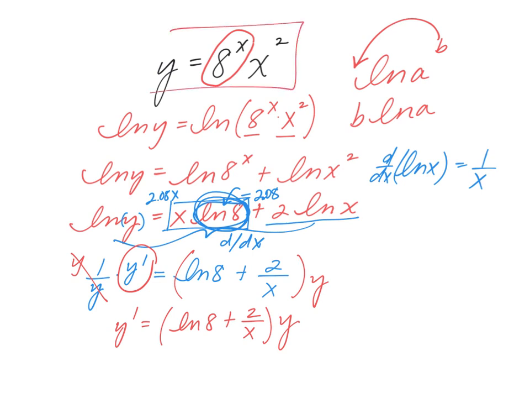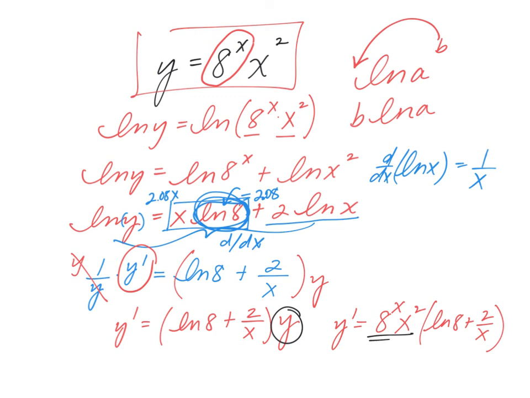Going back up to the top, y is equal to 8 to the power of x times x squared. So our final answer would be 8 to the power of x times x squared times the natural log of 8 plus 2 over x. Noticing that all I did was replace the y that I had right here with what y is equal to from my original function.